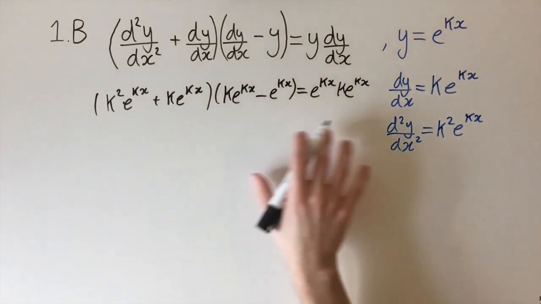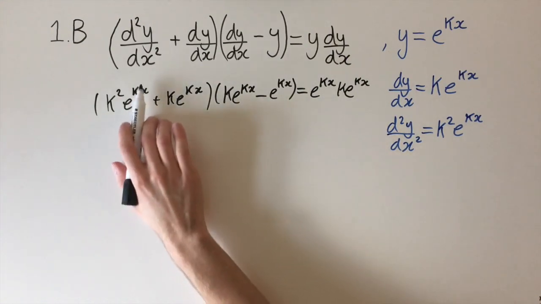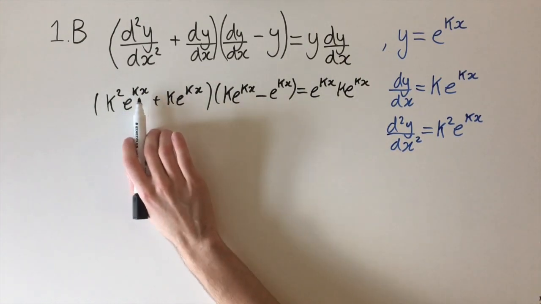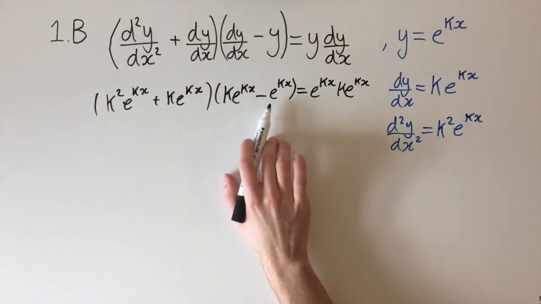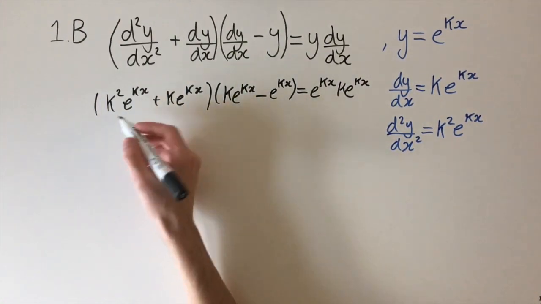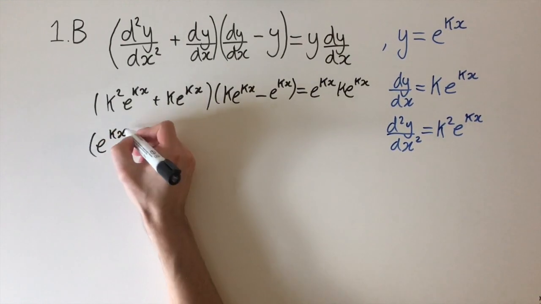Okay, so now we just need to simplify. We can collect some terms. On the left hand side, everything has a factor of e to the kx, so we can bring this term out of this bracket here. So we're going to get two lots of e to the kx, so e to the kx squared.